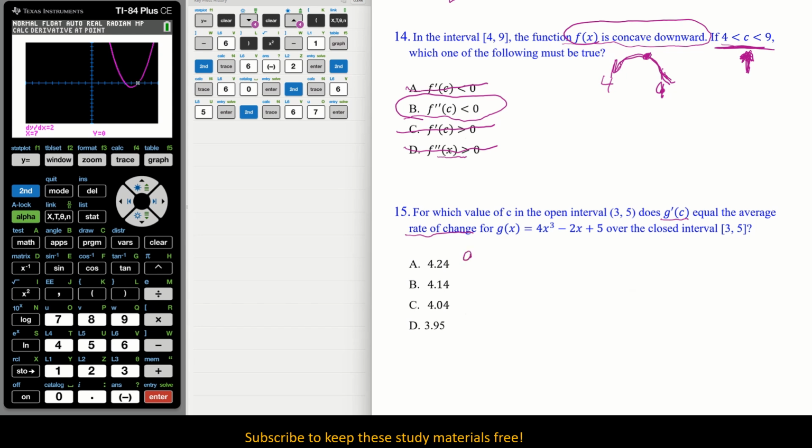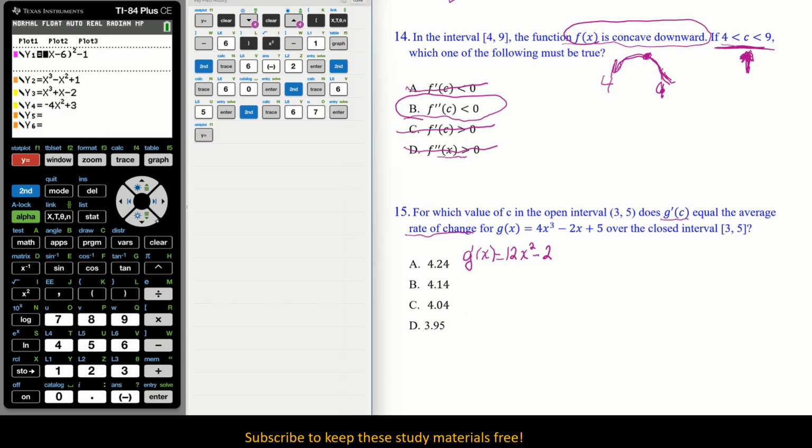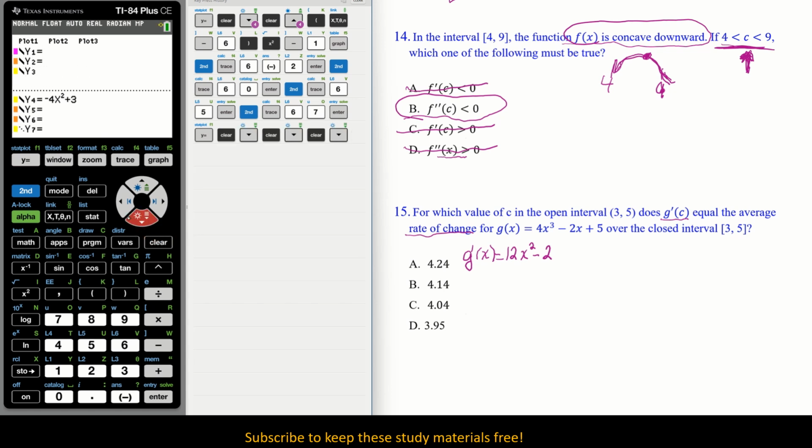So let's just take that derivative so we have it. We have g prime of x equals 12x squared minus 2. Let's put him in the calculator. We're going to do y equals, clearing out everything and getting rid of the excess, since we used these in a prior video and don't want them anymore.